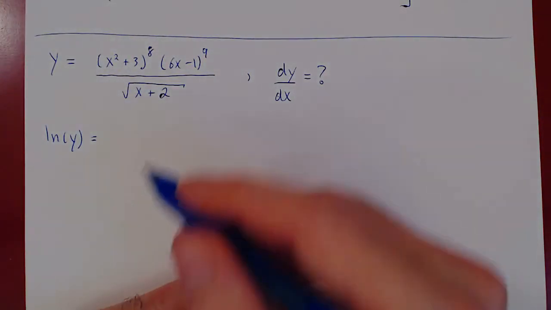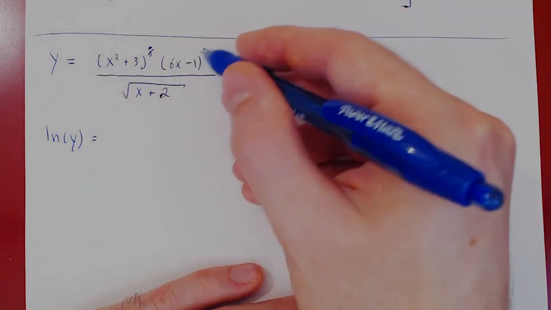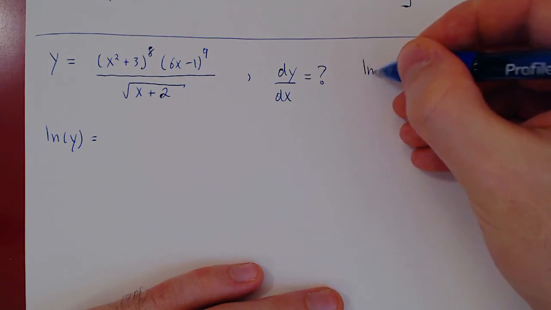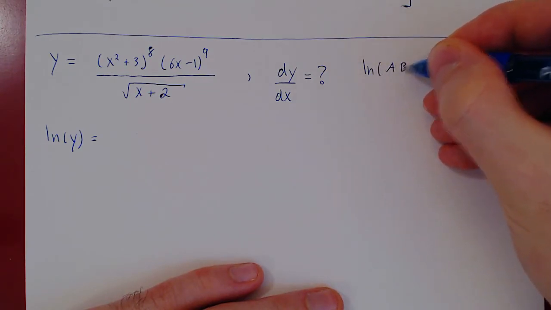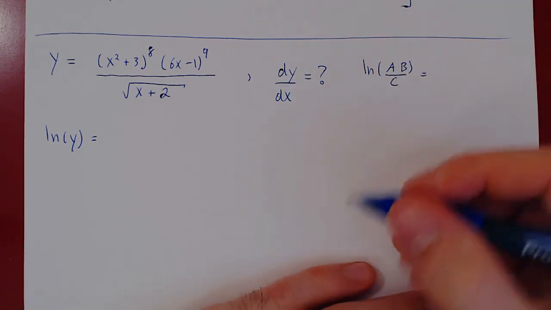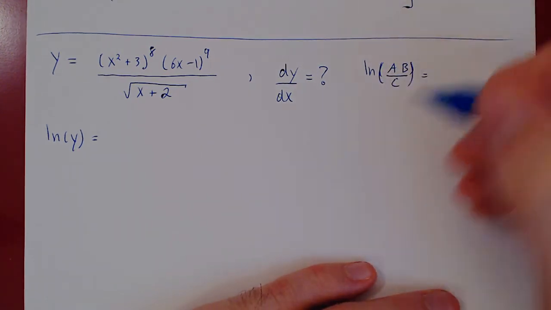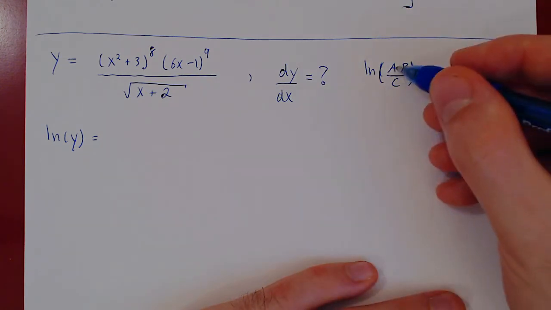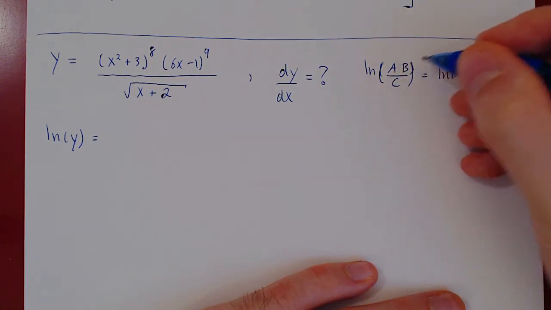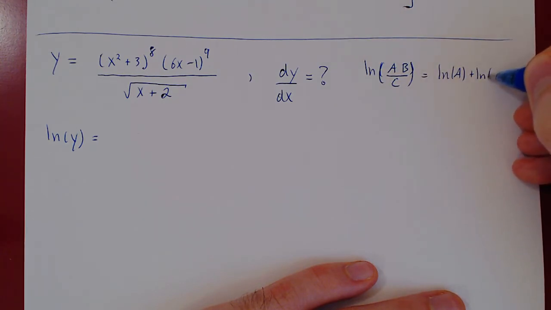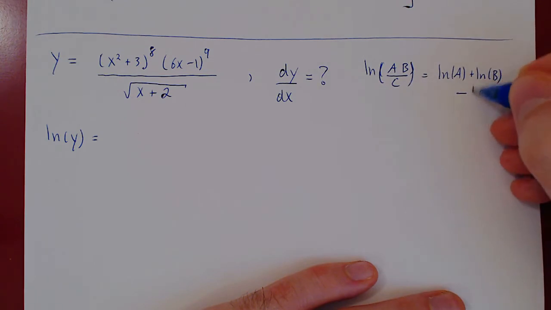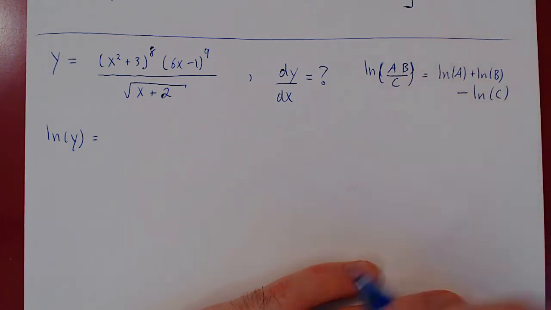But think of it, this is the ln of a times b divided by c. So imagine that you have this ln of a times b over c. Well, by properties of logarithmic function, this will be ln of a plus ln of b. C is on the bottom, so it will be minus ln of c.